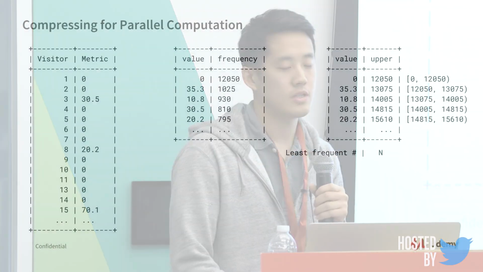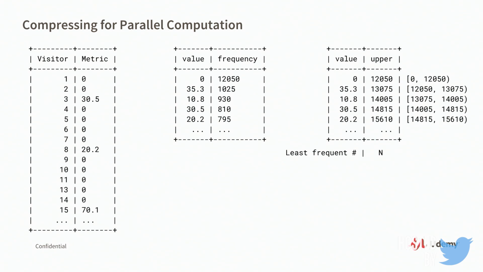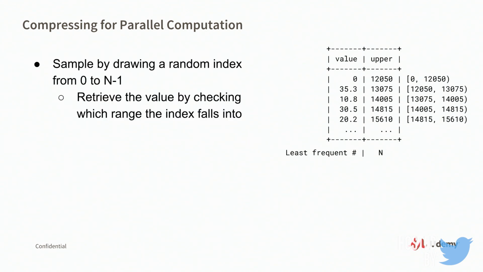So now these cumulative frequencies represent the upper bound of the range of indices that represent the value on the left. Now to sample from this collection, we draw a random index from 0 to n minus 1, and then we retrieve the value by checking which range the index falls into, and then we take that value out.